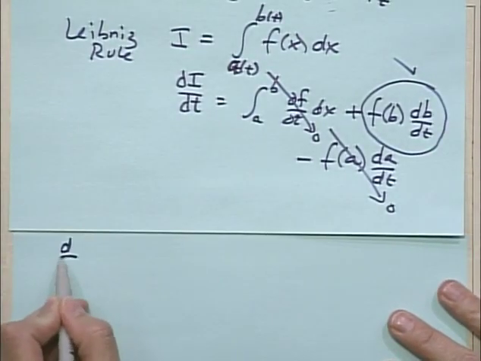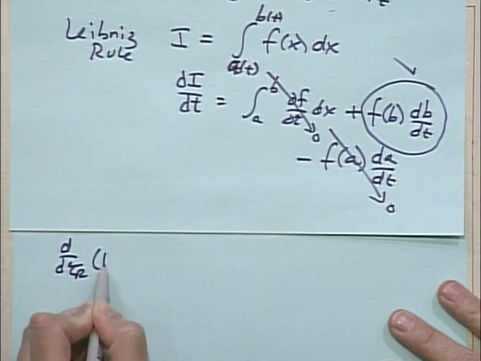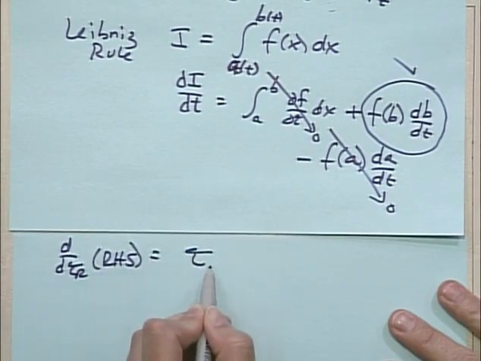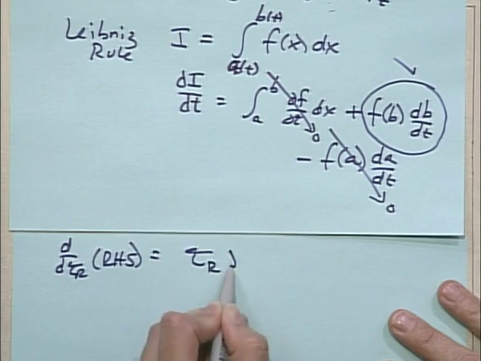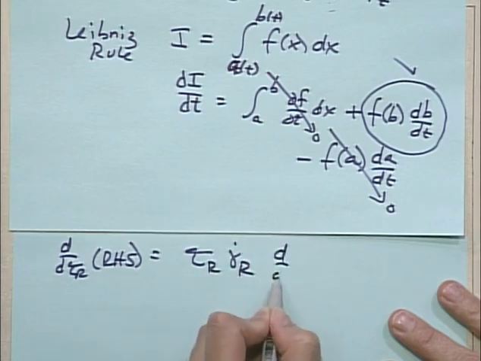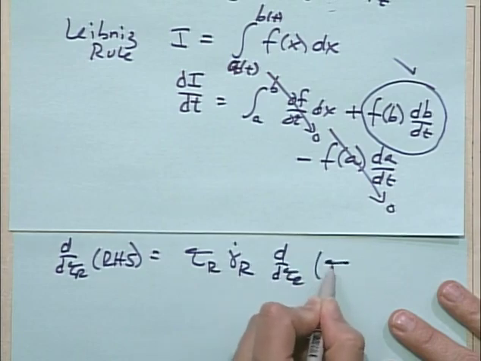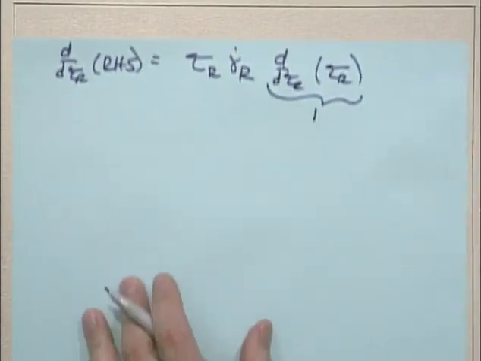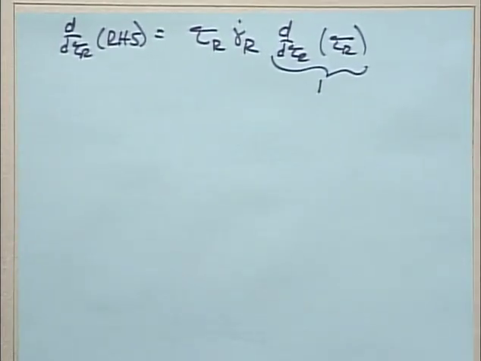The derivative with respect to tau r of the right-hand side is equal to the integrand evaluated at the wall times the d by d tau r of the upper limit, which just turns into 1. Pretty neat.